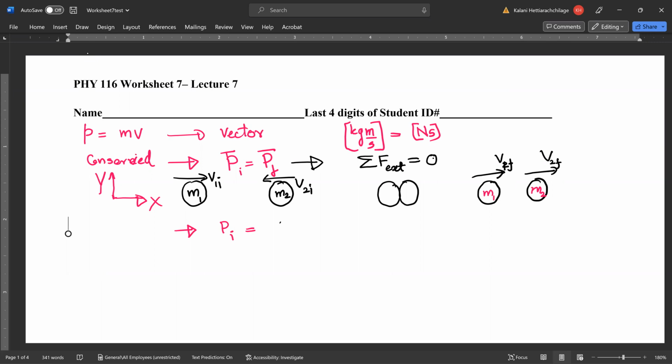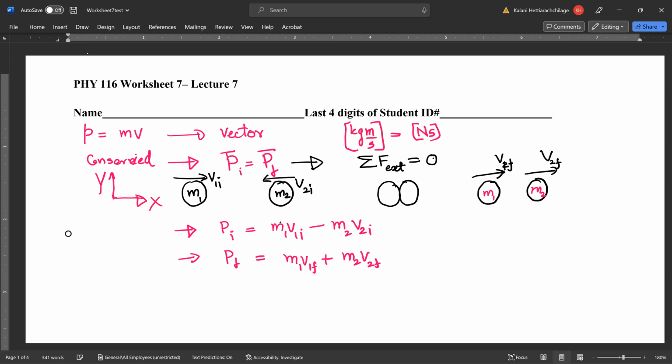So now I have m1 v1 initial, but my m2 is in the opposite direction. Because of that, m2 v2 initial is negative. And you do exactly the same thing for the final. Now both are in the positive direction, so m1 v1 final plus m2 v2 final.